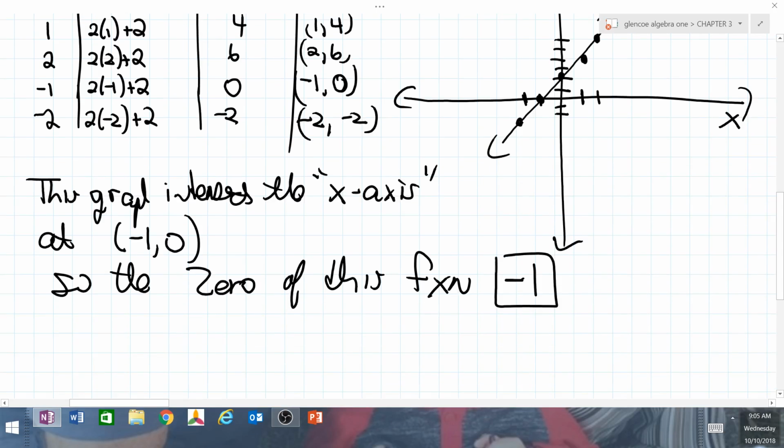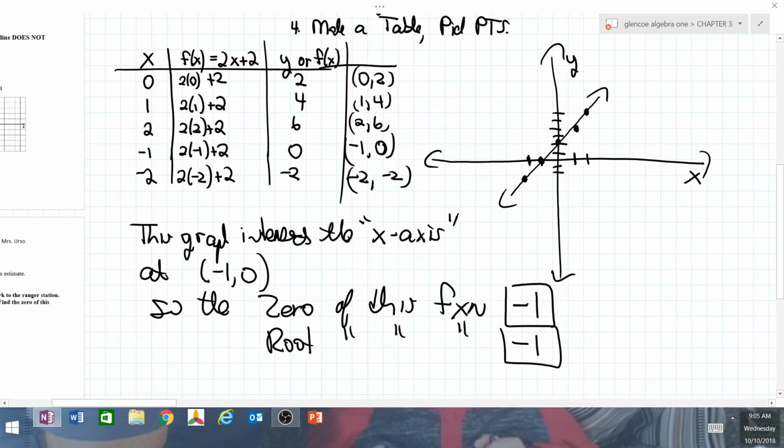Or we could say the root of this function is -1. Remember, zeros and roots mean the same thing. Why do we say the 0 of the equation? Because it's where the graph is going to cross the x-axis and the y-coordinate equals 0. Find the 0 of the related function by graphing. That's what the directions will say.